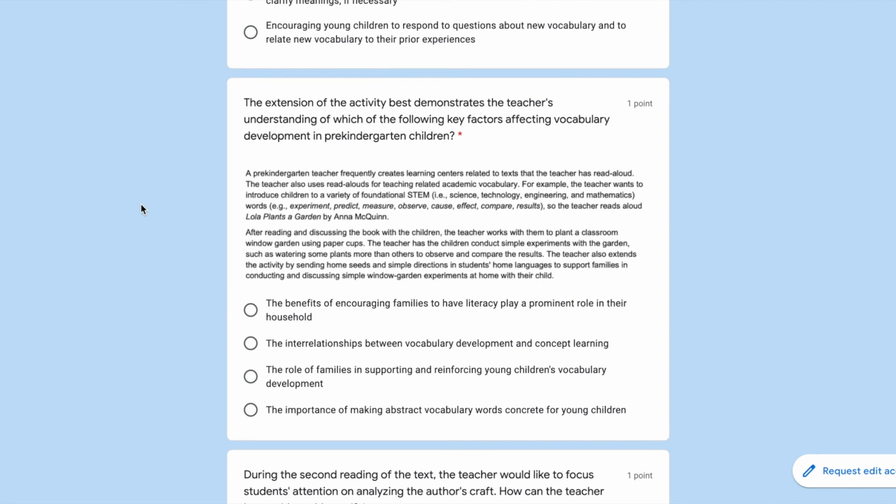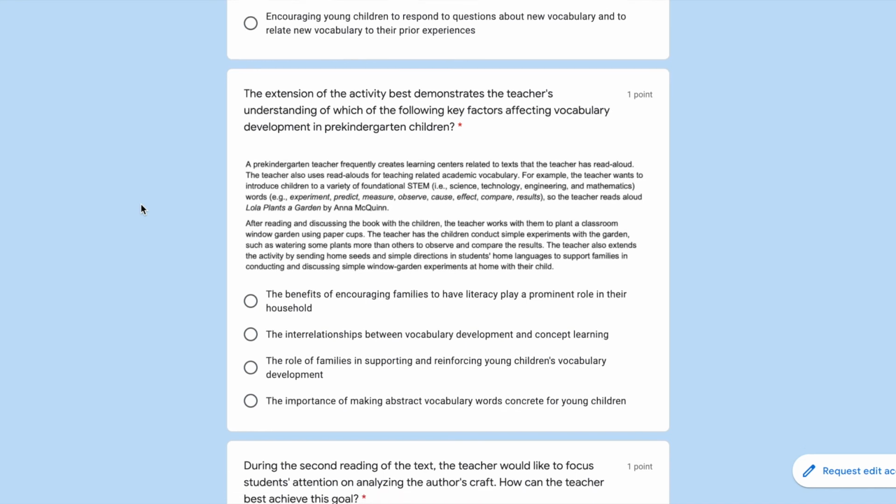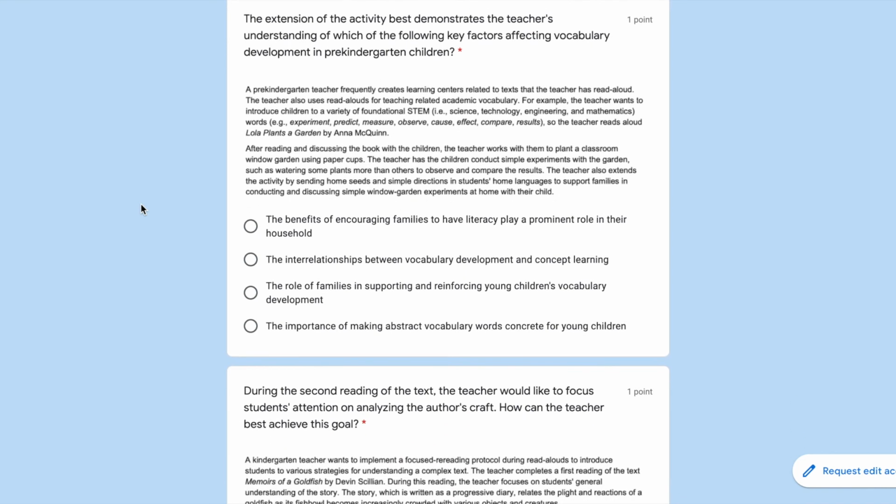Next, the extension of the activity best demonstrates the teacher's understanding of which of the following key factors affecting vocabulary development in pre-kindergarten children. Again, take a look at the information below. I'll read our options. Is it letter A, benefits of engaging families to have literacy play a prominent role in their household?